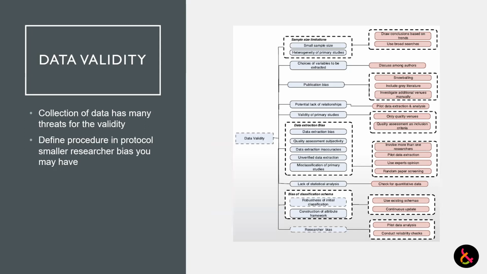As you can see, use experts' opinion, involve more than one researcher. That's even what we do. For example, when we are developing or using some questions for survey, we always take a few researchers to validate some questions or even some measurement scaling question that is already available in the research domain.